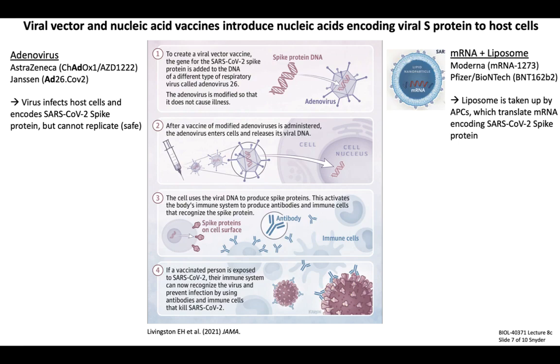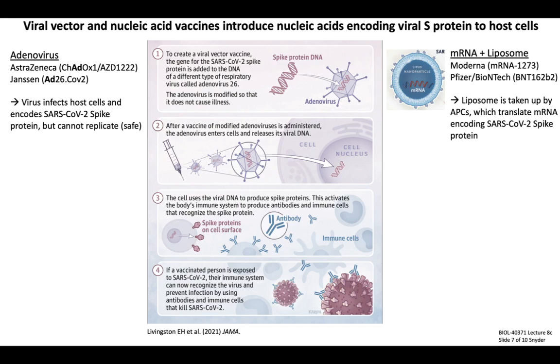Second, the mRNA vaccines work by taking a piece of messenger RNA encoding viral spike and encasing it in a lipid shell, which is called a liposome. This is essentially an artificial phospholipid bilayer that's similar to the one that makes up the plasma membrane of host cells. Once administered into the body through vaccination, these liposomes are taken up by resident antigen-presenting cells, such as dendritic cells and macrophages, which are then responsible for translating the mRNA into spike protein.